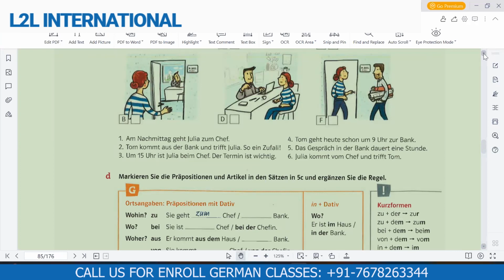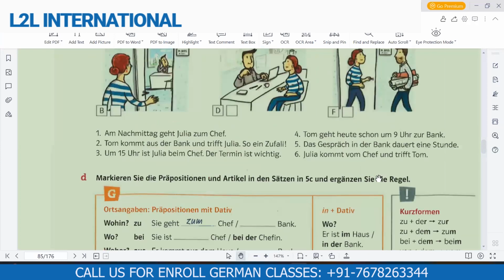So now, Ashwin, try the meaning. What does it mean? I'm confused with this. Sorry.